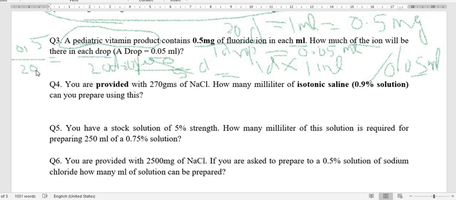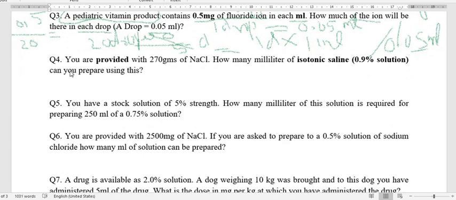So 1 drop contains 0.5 divided by 20, that much in milligram. I am not going to calculate this here, you have to calculate this one. So this is for the 20 drops.